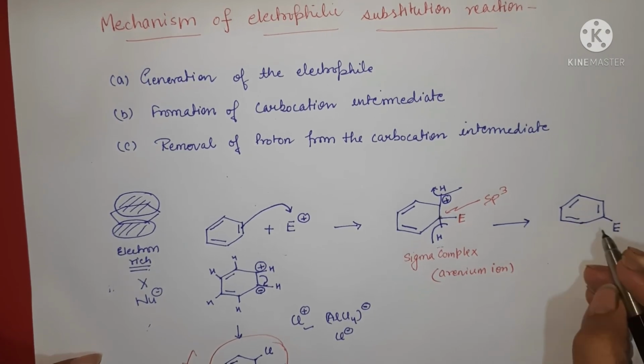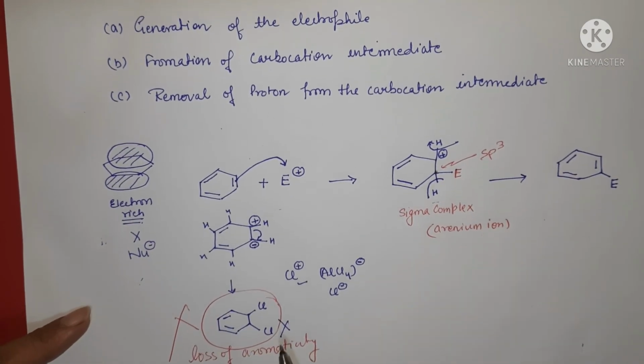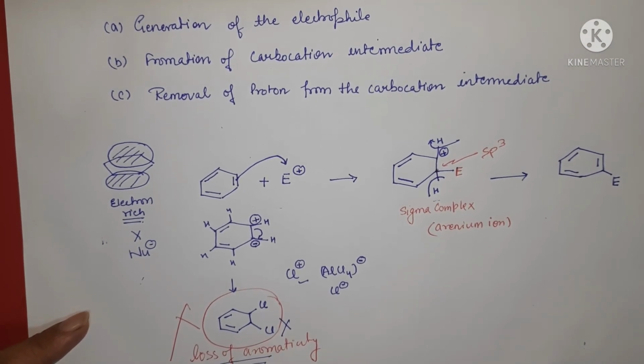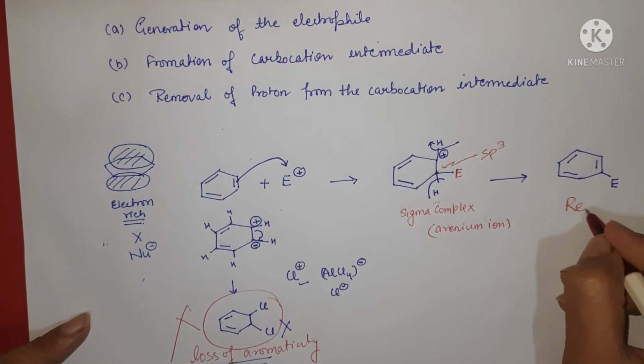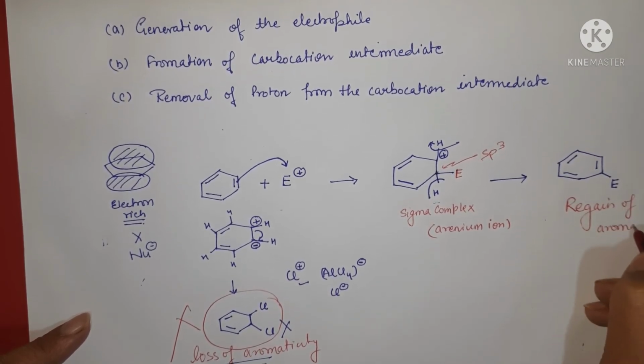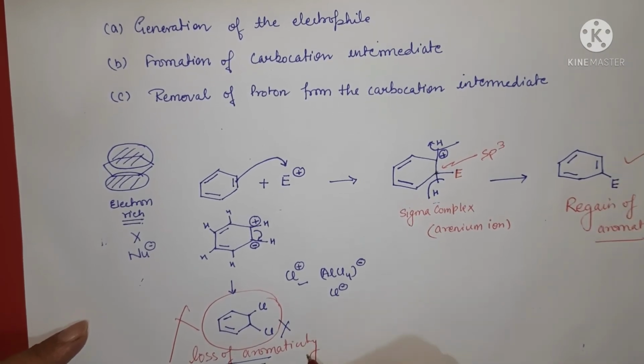So this is the last step of the reaction. It does not involve this other product as a last step because there is a loss of aromaticity, but here you can see there is a regain of aromaticity. So always this product forms, this does not form.